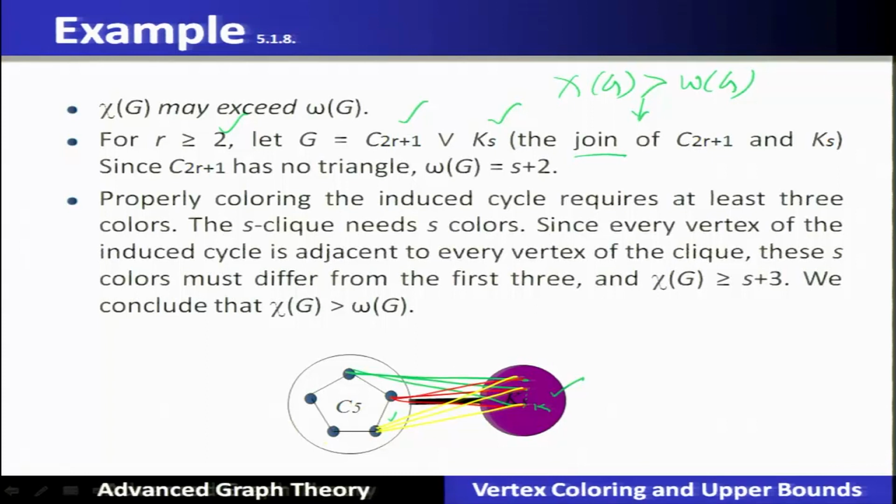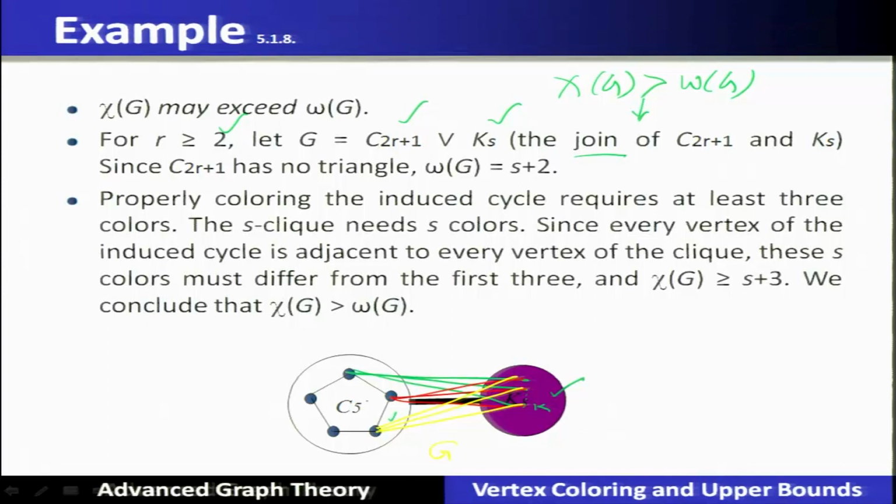So, let us see how many colors are required. Definitely, this graph G is going to exceed this value. Why? Because every vertex of C of 2r plus 1 is adjacent to Ks. So more than omega of G colors are required.